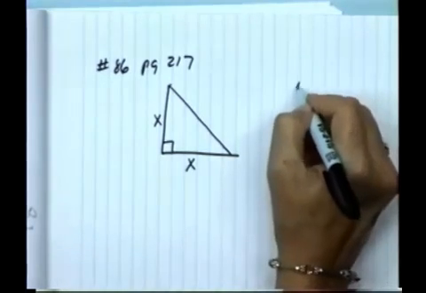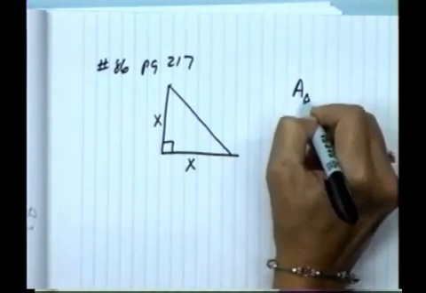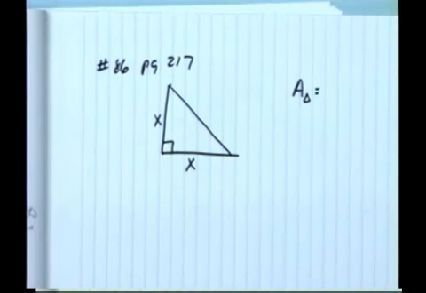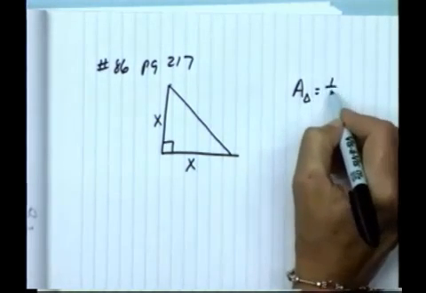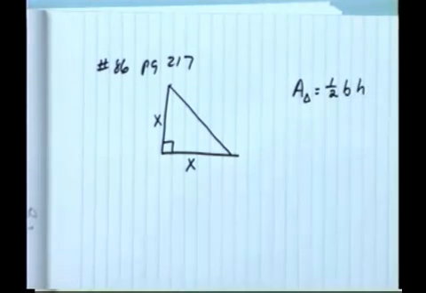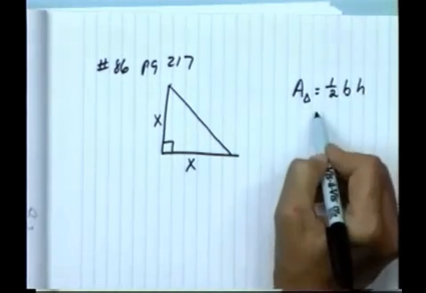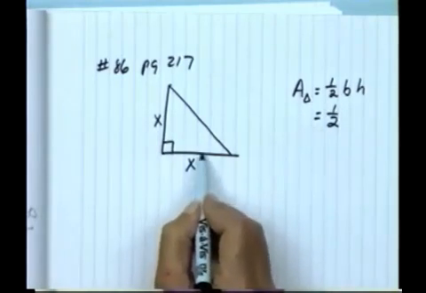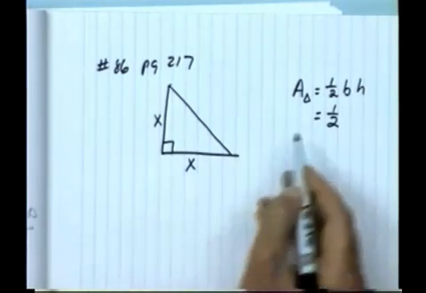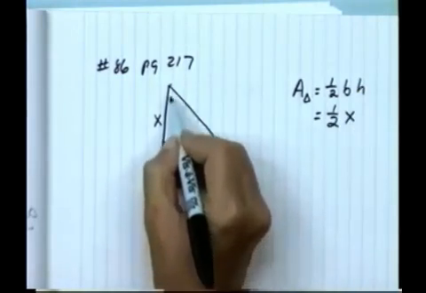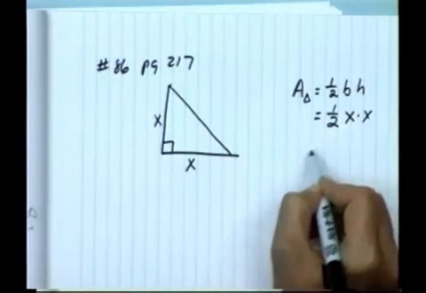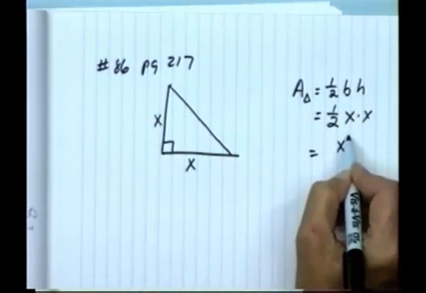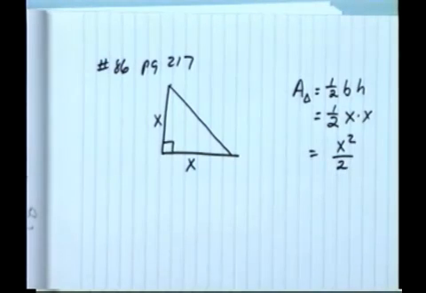Okay, in general, what is the formula for the area of a triangle? One half the base times the height. So for our triangle, it's one half, and what's the base length? X. And what's the height? X. And so we might write that as x squared over 2.